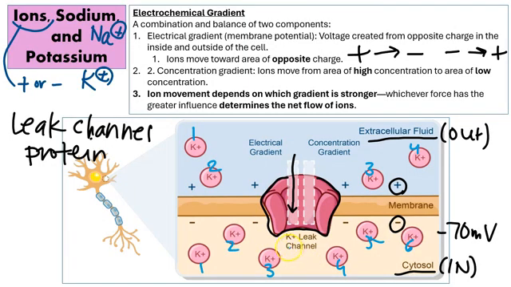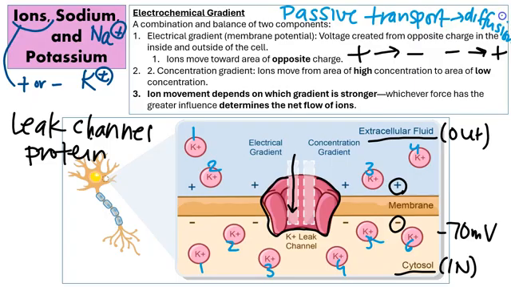Ions want to move from an area of high concentration to an area of low concentration. And because we're talking about passive transport, our focus has to be on diffusion. Just because there's a lot more potassium on the inside of the cell, they're going to want to move outside the cell when it comes to the concentration gradient.